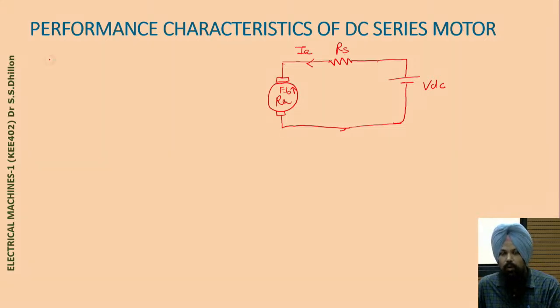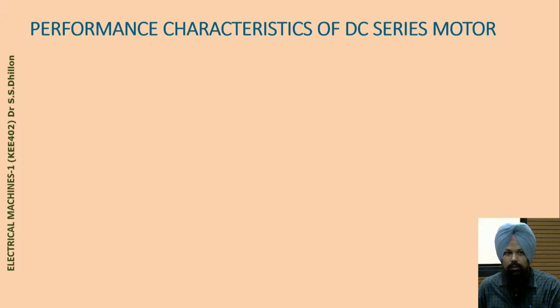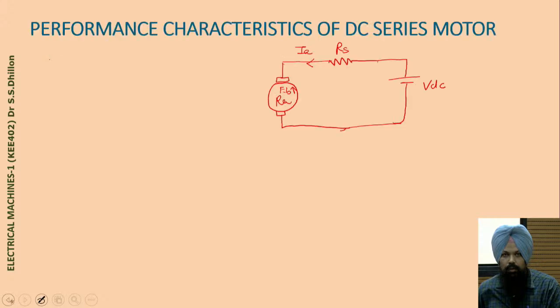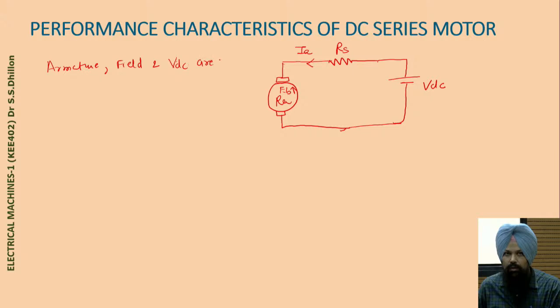It means all the circuits, the armature circuit, the field winding, and your supply voltage VDC are in series. Due to that, whether we call it IA, field current or load current, all are the same.